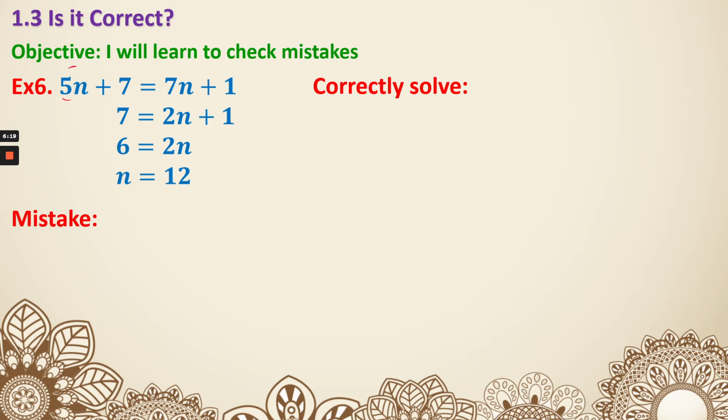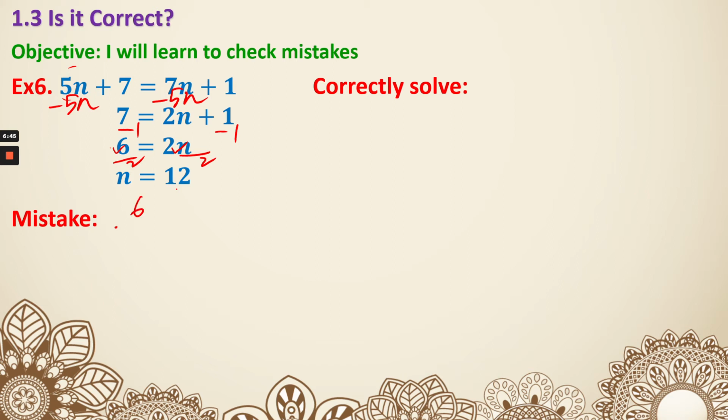I can see the 5n is gone, so that must have been subtracting 5n on both sides. That looks right. I got a 2n, and the 7 is on the left side, the right side still has a 1. I subtract 1 on both sides, I do have a 6. 2n is there. Then I'm going to need to divide by 2. Oh, wait, that doesn't seem right. 6 divided by 2, there's no way that's 12.